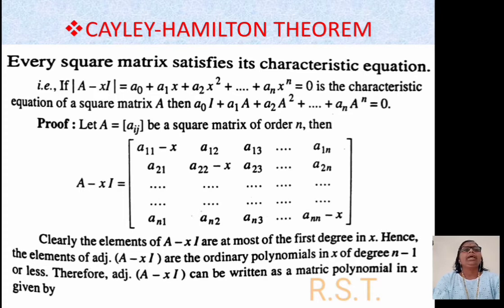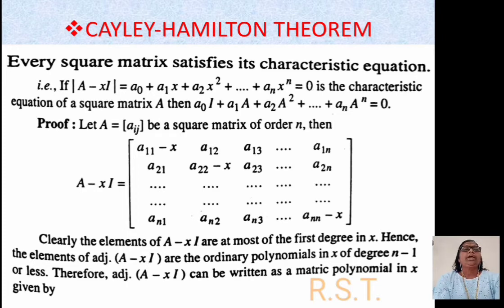Let A equal to the square matrix [aij] be a square matrix of order n. Then A minus xI equals the square matrix whose first row is a11 minus x, a12, a13 up to a1n.